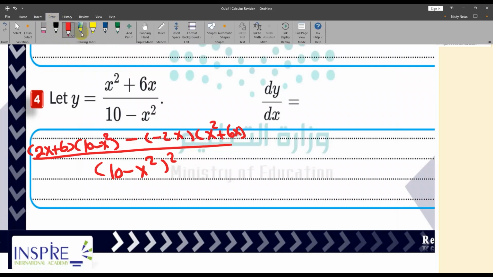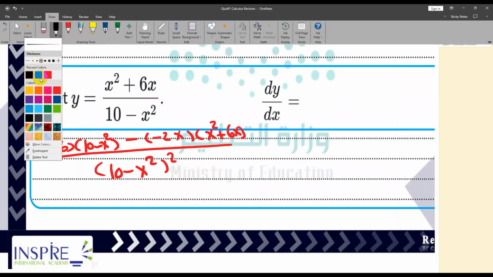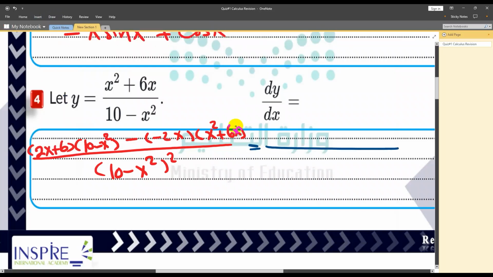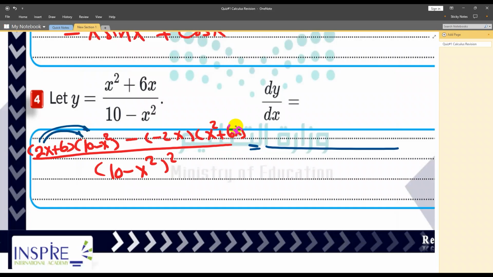So we will make it like this. Just a second. Okay. We will find the product of these two brackets: 2x times 10, 2x times my negative x squared, and the same with 6.